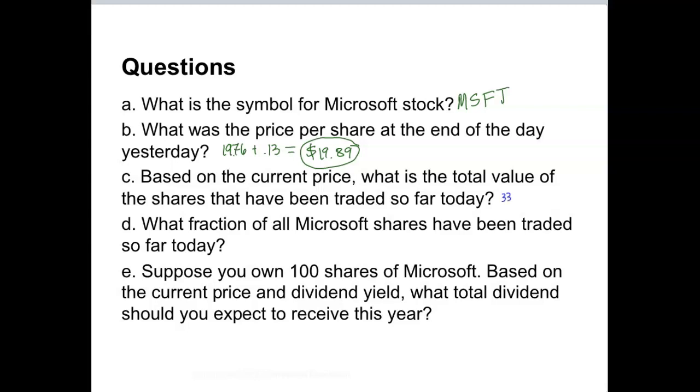So 33,247,937 shares. And I'm just going to multiply by what their current cost is, which is $19.76. And if we pop that into our calculator, we get about $657 million.